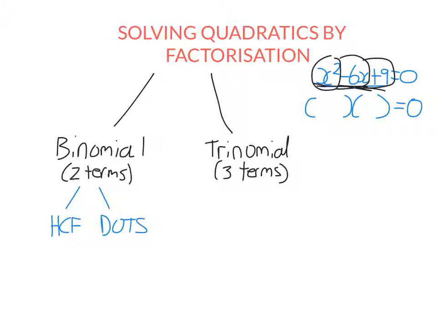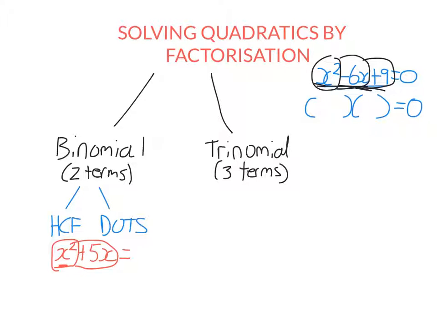So before we get to equations, let's just say we have an expression like this. x squared plus 5x is a quadratic expression because of the x squared term. We want to write it as something times something. We have 2 terms, so this is a binomial. Both of these terms have a common factor. The common factor is x. It doesn't always have to be a number.